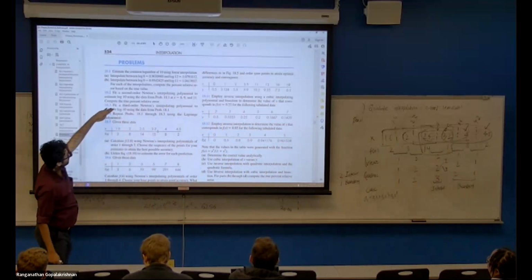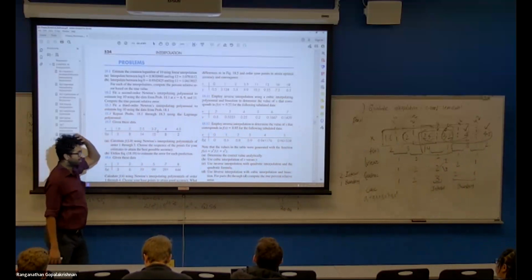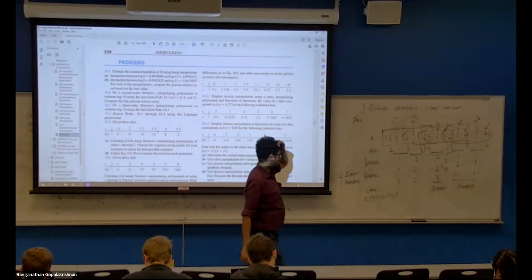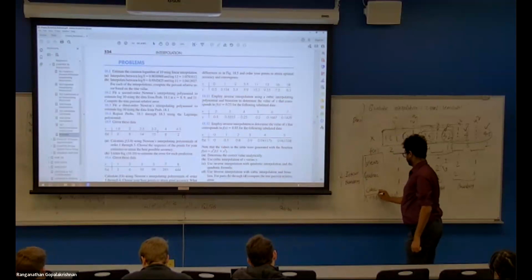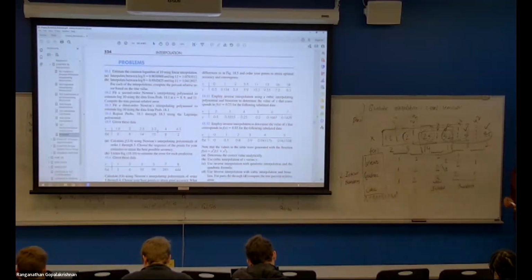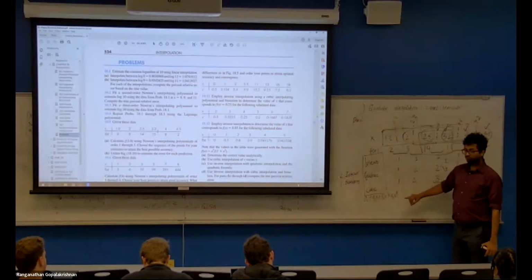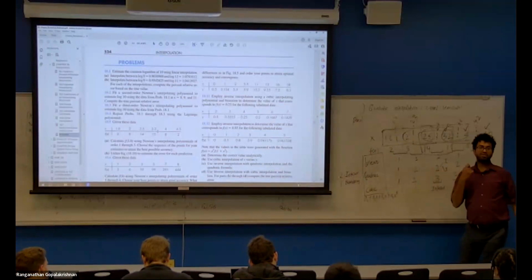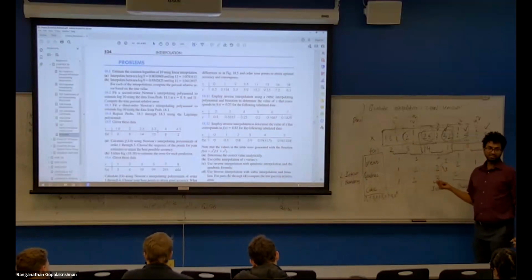I want you to just use up to 3rd order polynomial and practice. Because in the exam, I might ask you any one of these. It's not a big deal for you because once you set up the equations, you are well equipped to solve for the coefficients. What we will be specifically looking for is how you select the stencil.